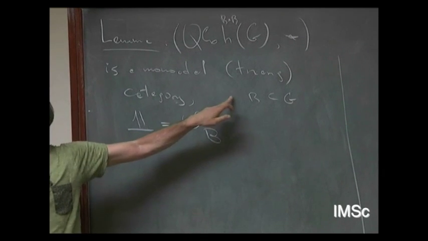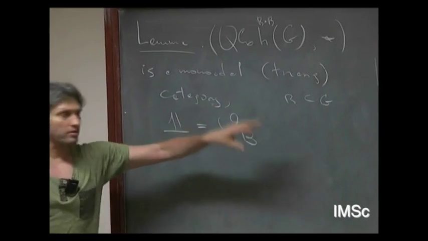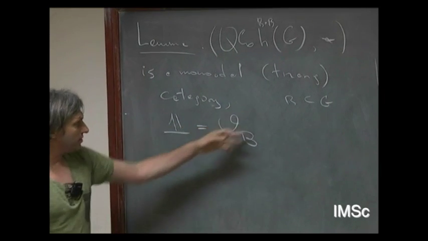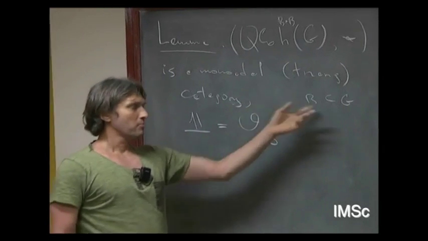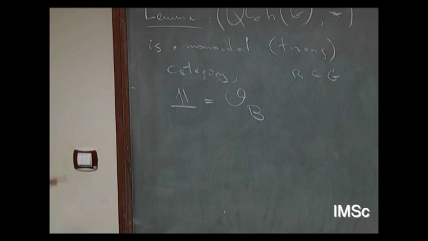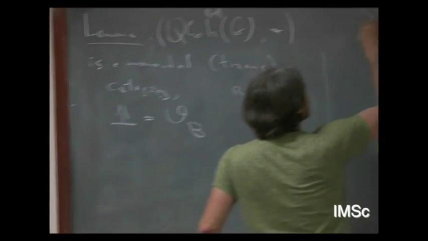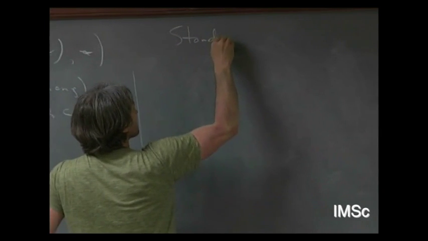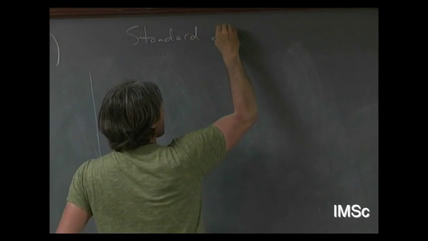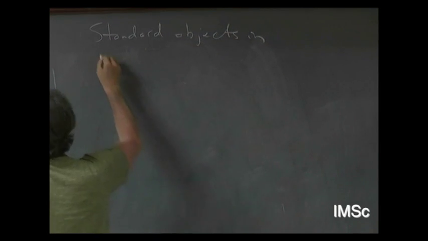You can translate it from the left and from the right. And the good thing about this algebra versus geometry is that you take the structure sheaf on something which is bi-equivariant, and it becomes a bi-equivariant sheaf. So now, standard objects in this category.